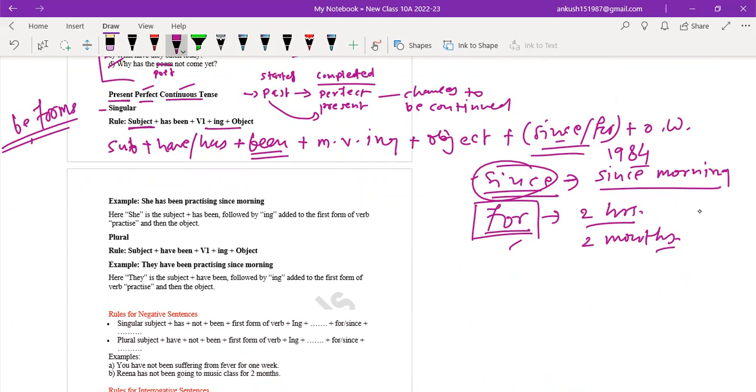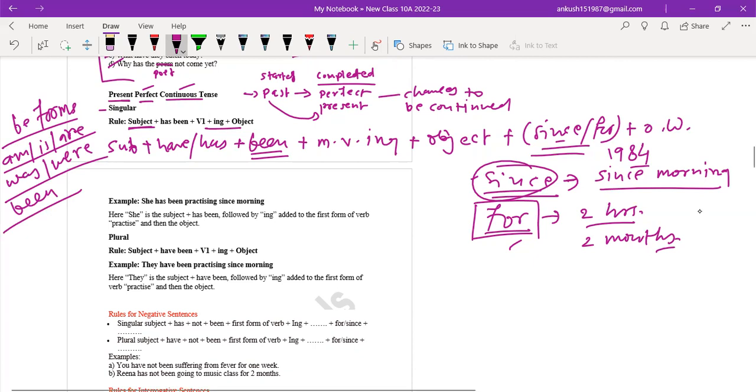The B forms in present are am, is, and are. Second, was and were are the past B forms, and been is the perfect form of B. Being is the participle form of B.